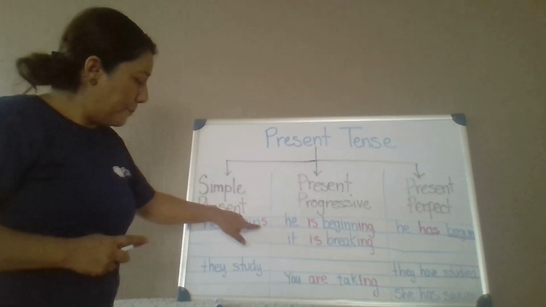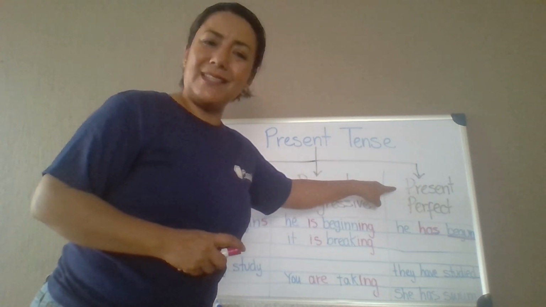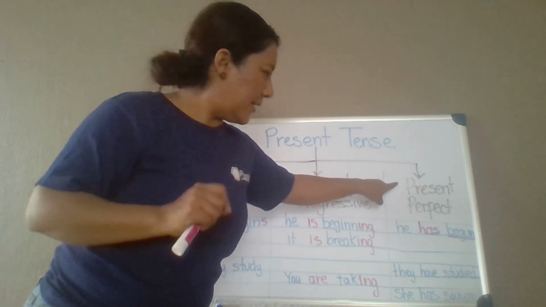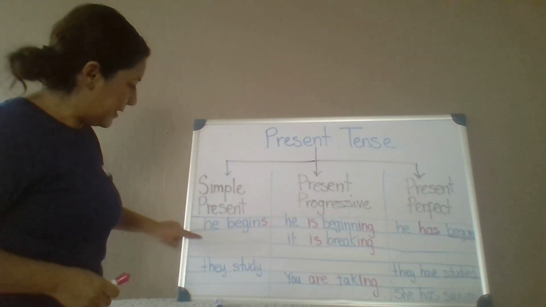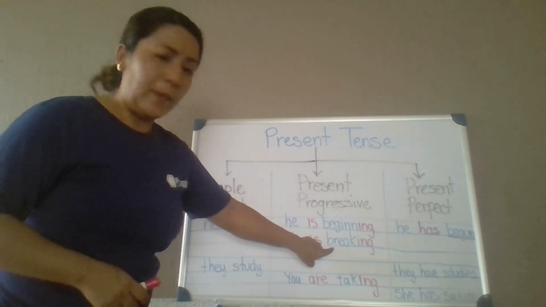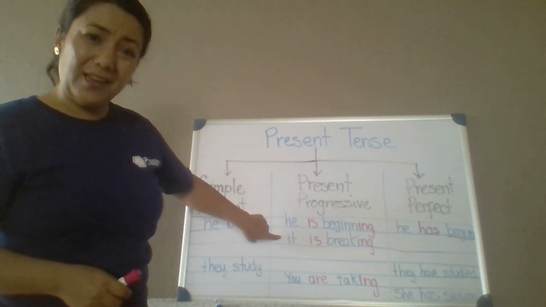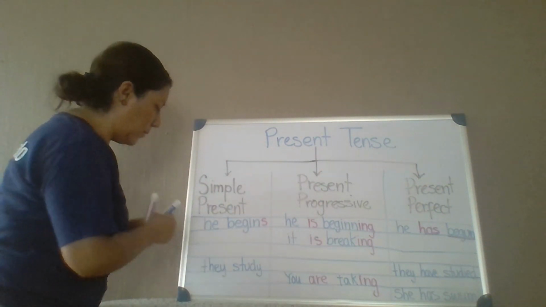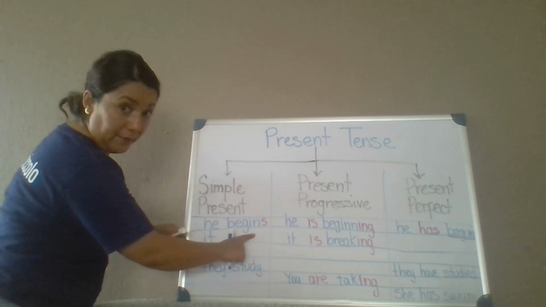Okay, now I put in red the main parts, the key parts in each of the tenses. Okay, so for the second verb, what is the verb? Break. What is the pronoun we're using? It. So we'll write it, break. We need only the verb.